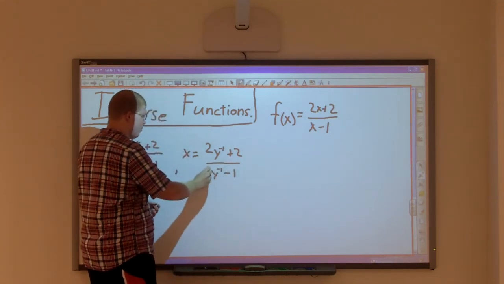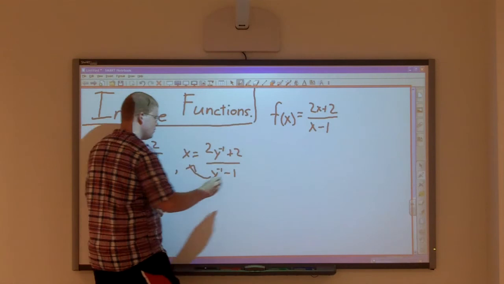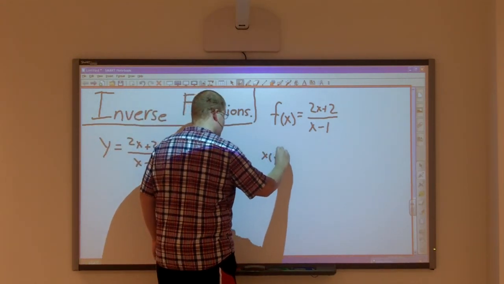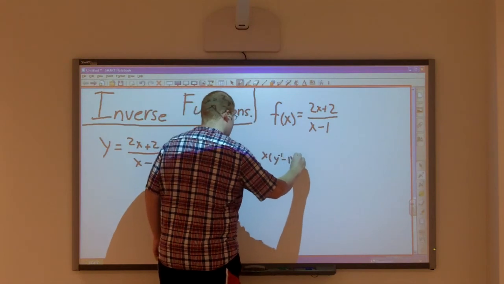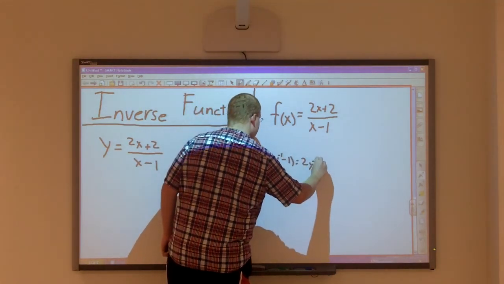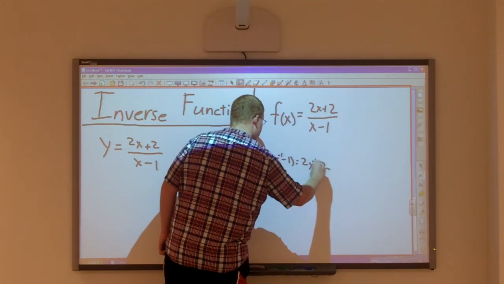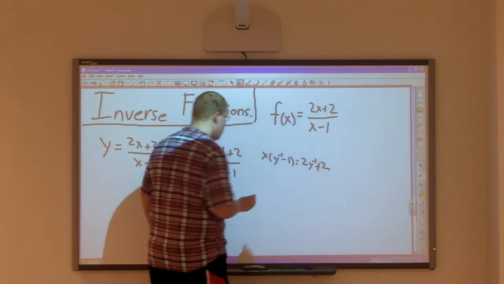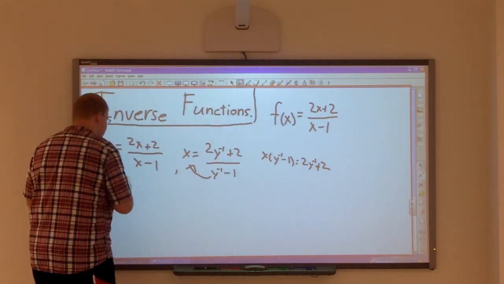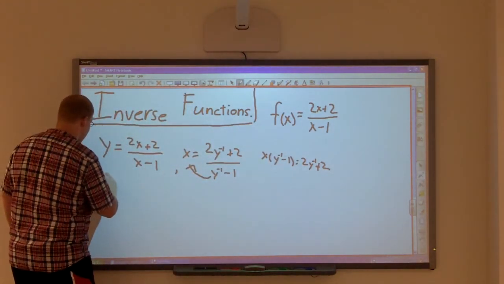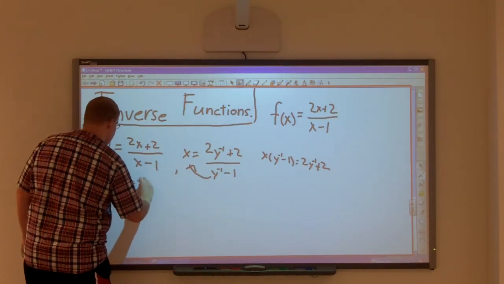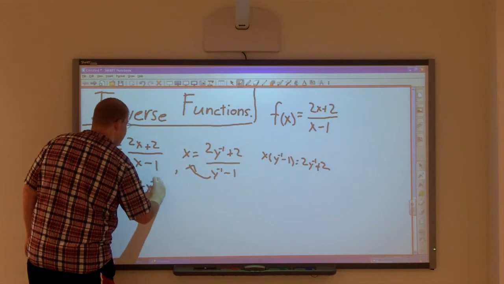Now simply pull this over to the other side, and we get that x times y inverse minus 1 is equal to 2y inverse plus 2. Now simply distribute this out, and what we get is x y inverse minus x is equal to 2y inverse plus 2.